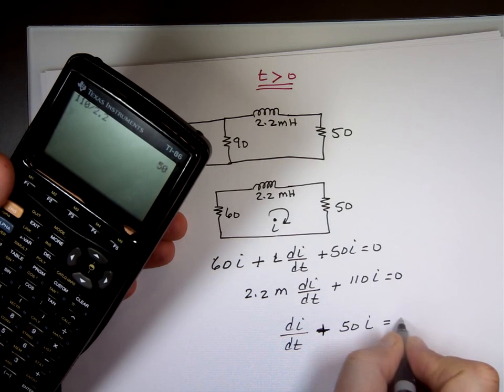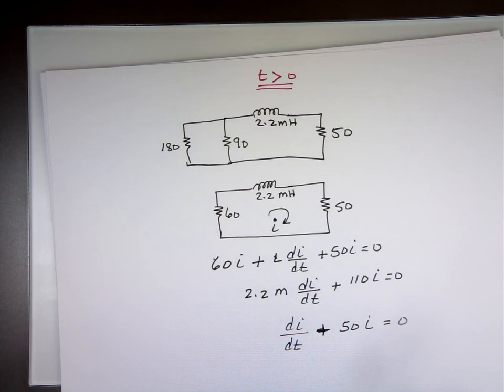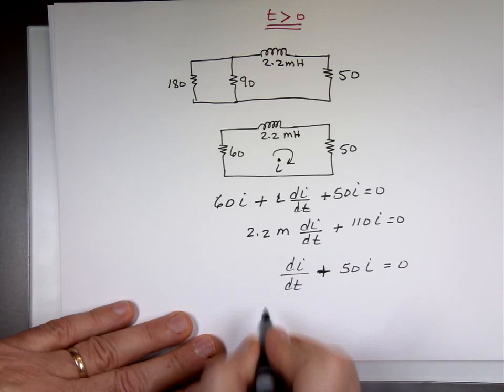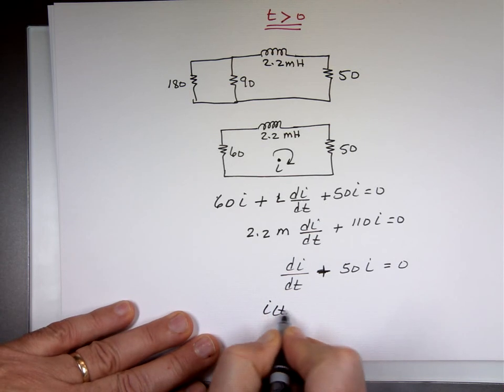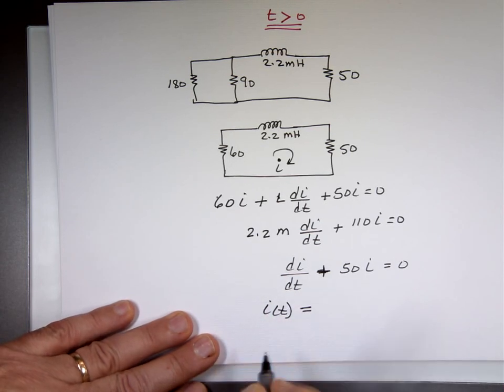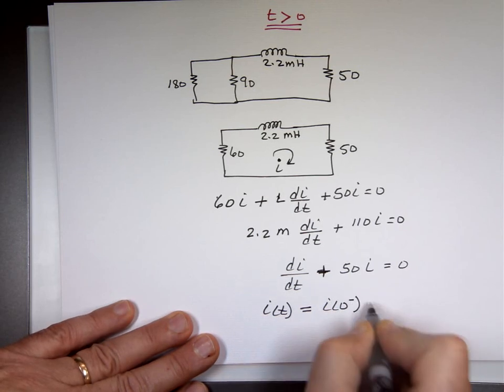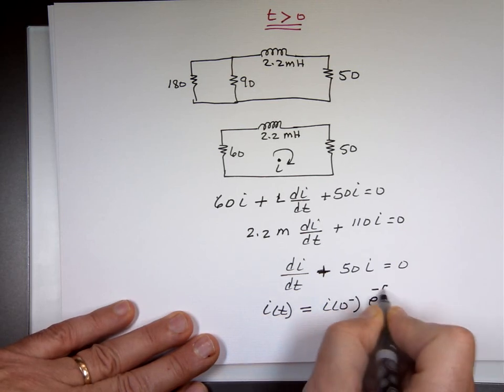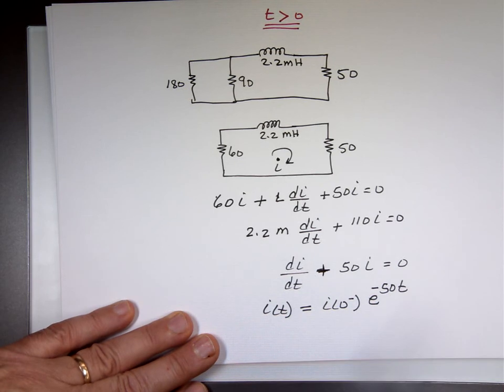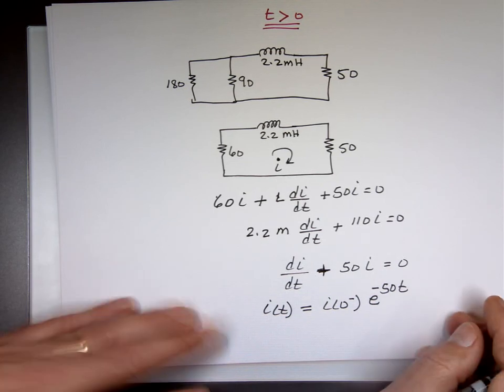So guess what the equation is going to be? I as a function of time is going to be the initial value, e to the power of negative 50t. What was my initial value there? I forgot, it's been a while. What was it with that problem? 0.36?